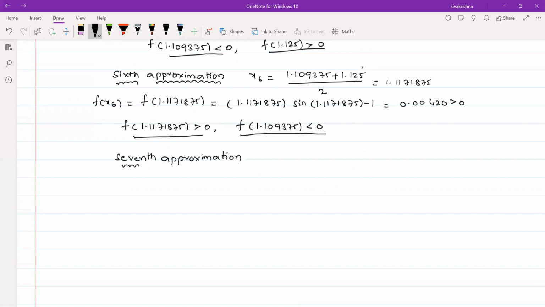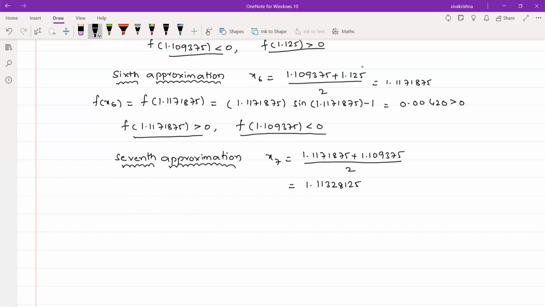In this approximation also, we have to find the average of the two numbers having opposite signs. So I am writing 1.1171875 plus 1.109375 by 2. This is approximately equal to 1.11328125.